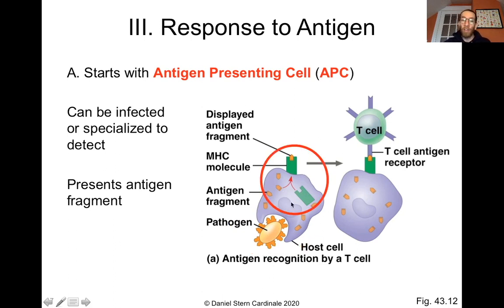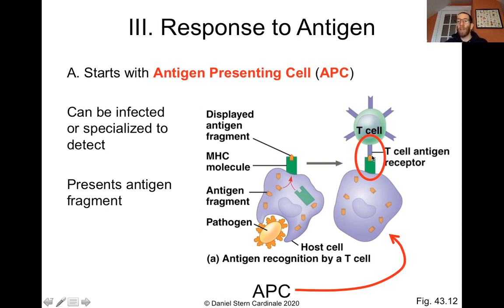And that phagocytic cell, as it breaks down that pathogen, is going to display a little bit of a cell surface protein from that bacterial cell. And that is the antigen that it is presenting. That antigen can then be detected by B cells and T cells. So here we have a T cell detecting that antigen fragment from the antigen-presenting cell. So this process has to start with an APC presenting an antigen fragment.